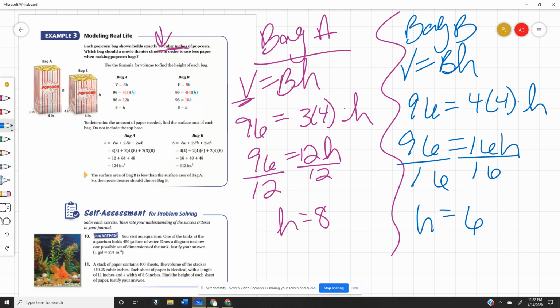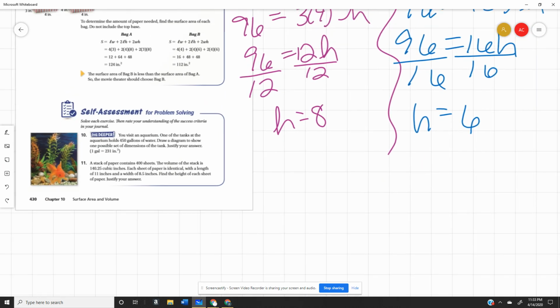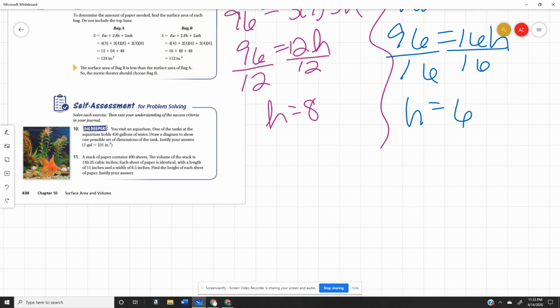Okay? Now it says to determine the amount of paper needed, find the surface area of each bag. Do not include the top. Okay? So now we have to find the surface area. We're going to take this a step further. So I'm going to kind of move down here. All right, keep working on bag A. We've got to find the surface area.